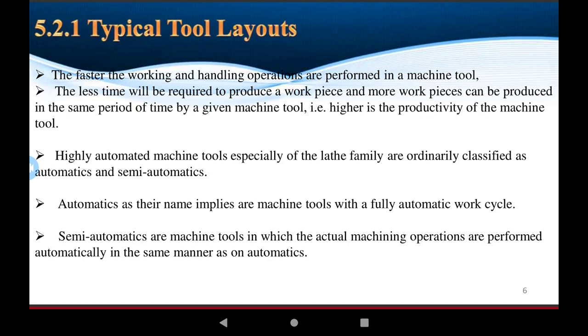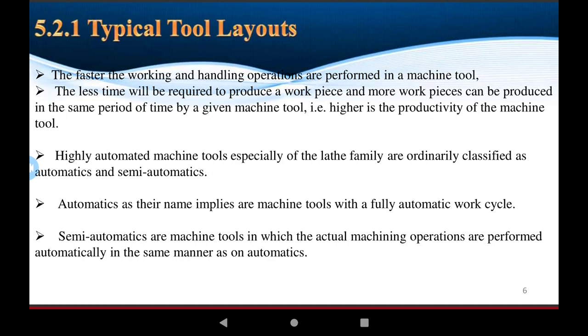Automatic machine tools have a fully automatic work cycle. The machine performs cyclic manufacturing operations.